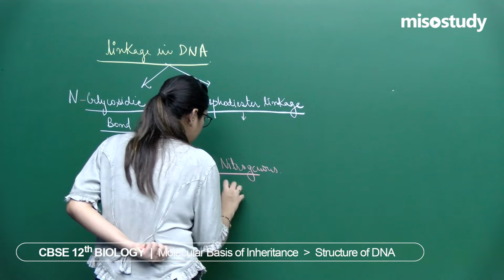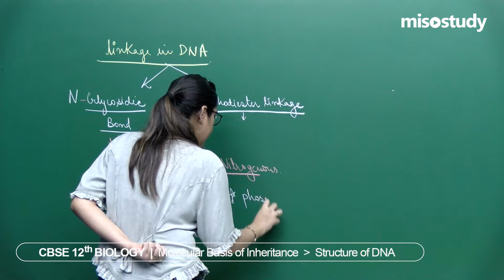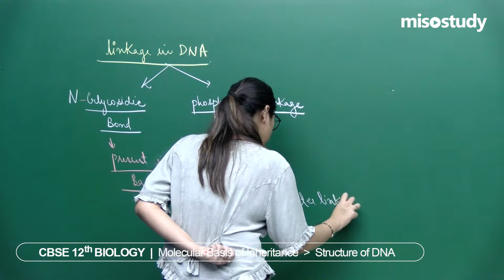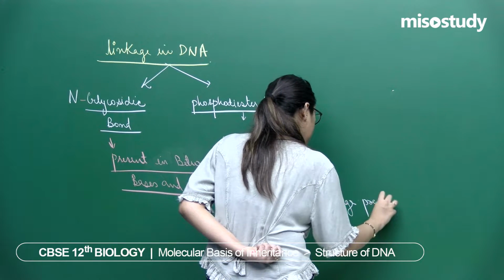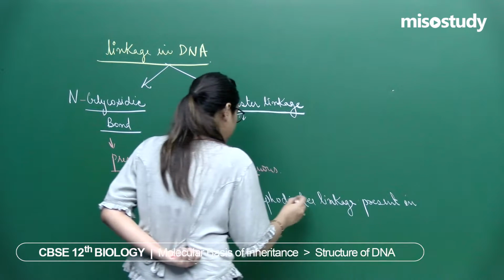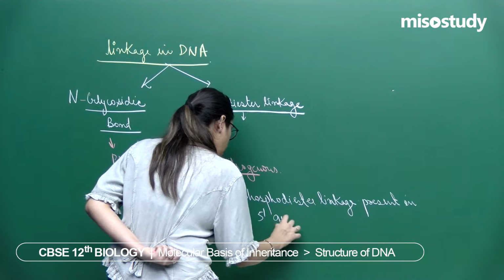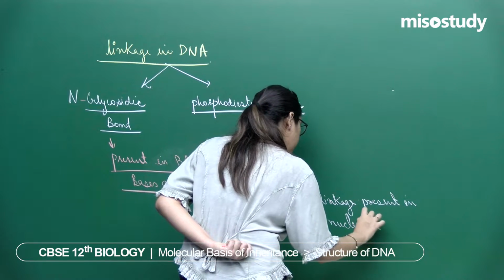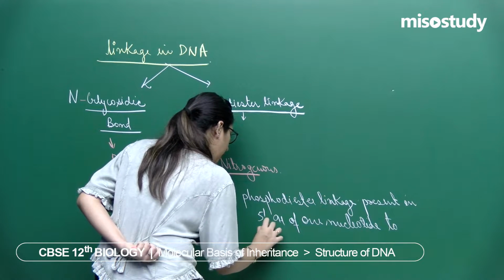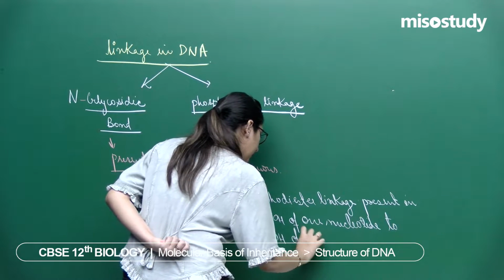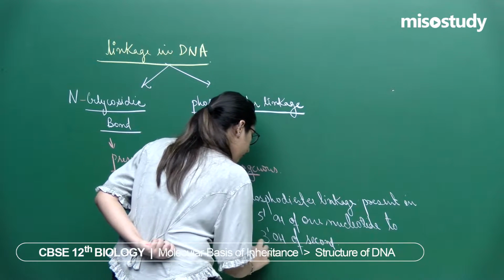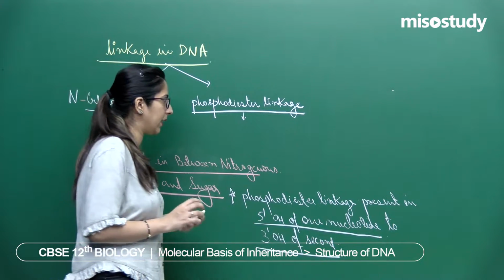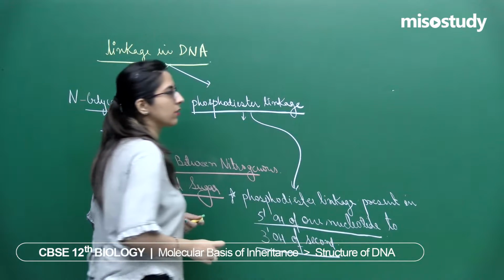Let's write it here: the phosphodiester linkage is present between the 5' OH of one nucleotide and the 3' OH of the second. So, this is a phosphodiester linkage, right?